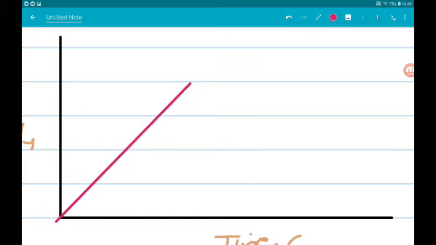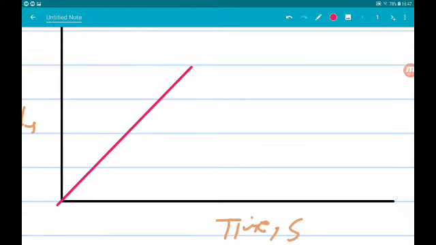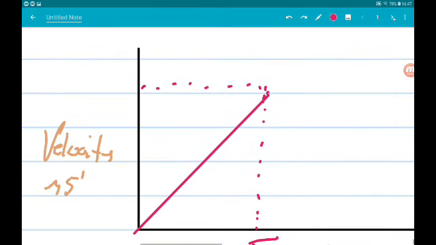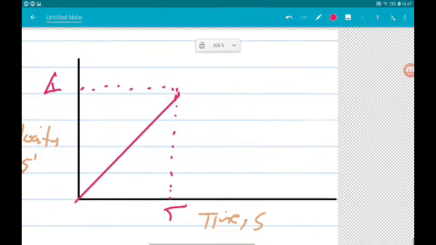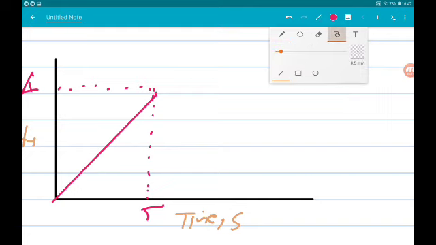Now we know that this is at time t seconds, and his velocity is now 4. Now we know for the rest of his run, his velocity stays at 4 meters per second.